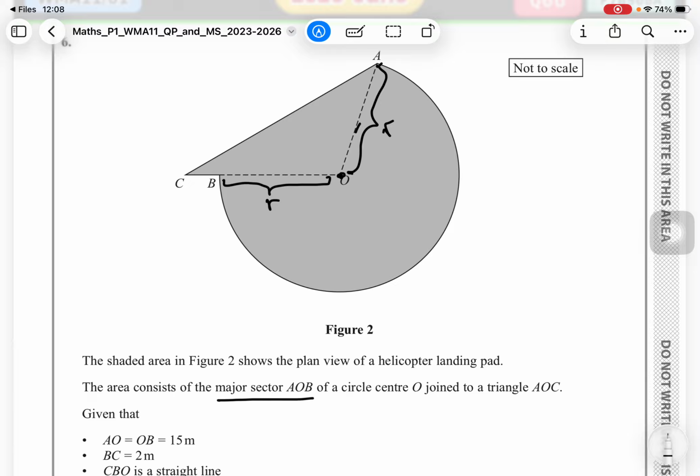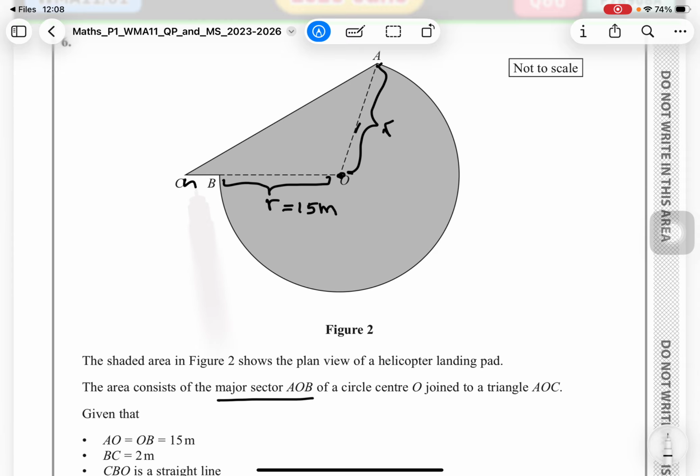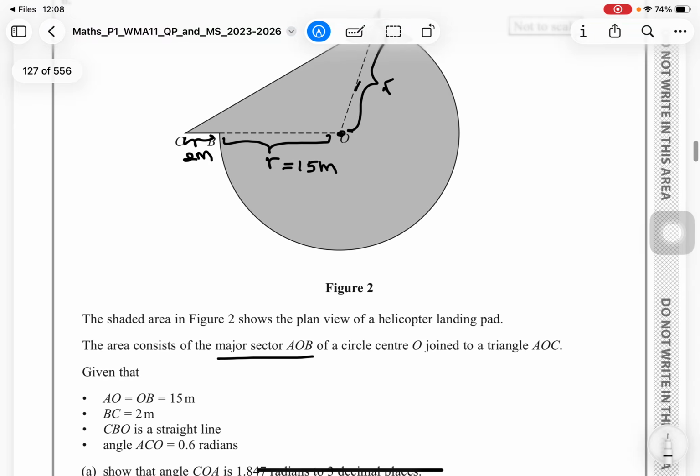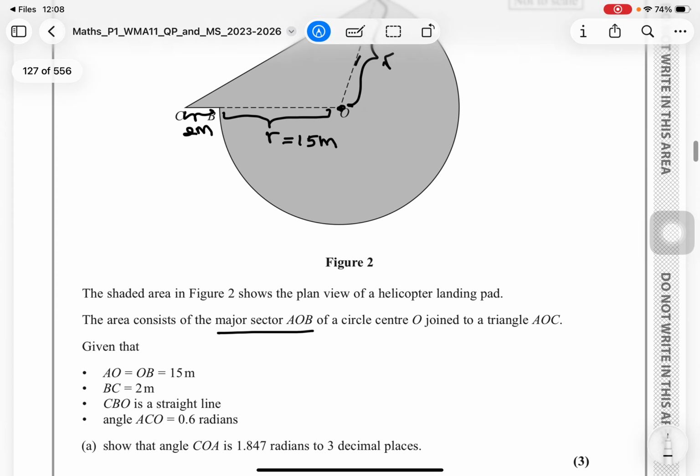They have given OA to OB, which is 15 meters, and they already gave the BC, which is 2 meters as well. There is a lot of information given. This distance is also given, which is 2 meters. CBO is a straight line.